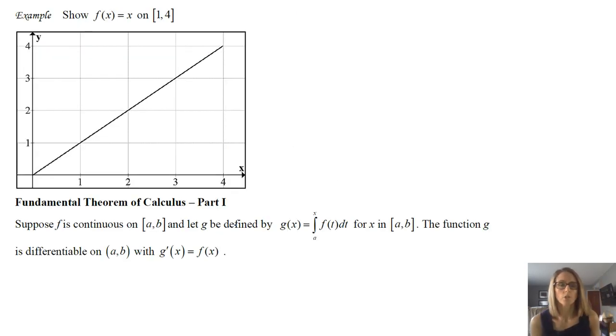So now our job is to show this for f of x equals x on the interval 1 to 4. Here's how we're going to think about this. We're going to use the definition from above. We're going to define the function g of x, and that is going to be the integral from 1 to x of t dt.